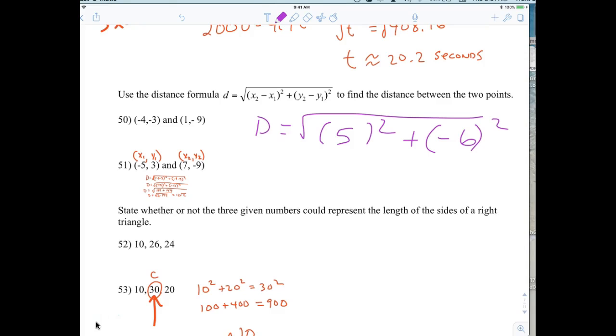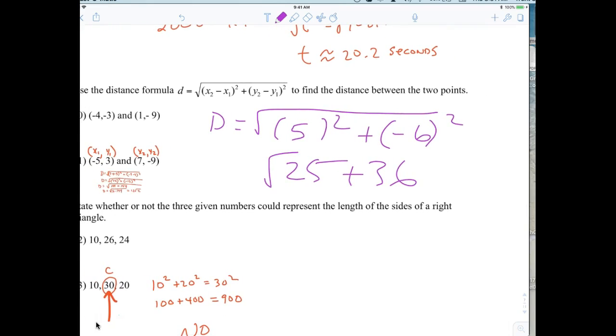And then I'm doing -9 minus -3, which is -9 plus 3, right? So now 5 squared is 25 plus 36. So the square root of 61, and that's a good number because that does not break down. Square root of 61, brilliant.